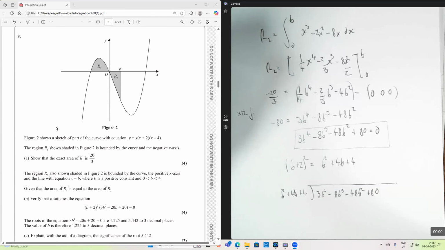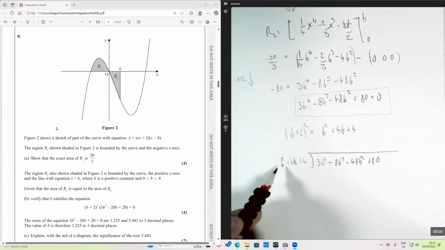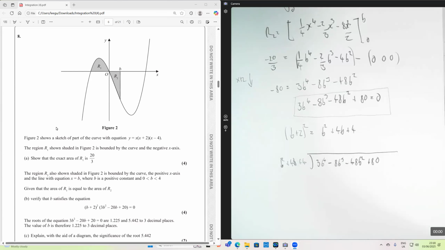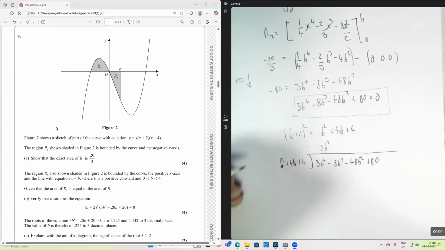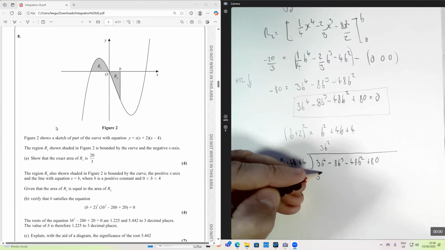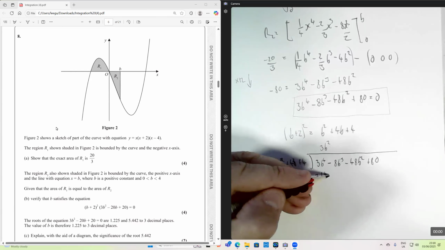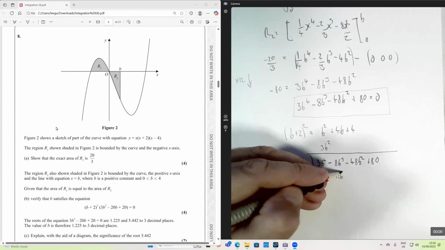So let's do our long division and see what happens. So I first of all compare 3b to the 4th with b squared, and I say to myself, what do I need to do to this to change it into this? The answer is I need to times it by 3b squared. So I write 3b squared there, and then I times everything by 3b squared. So that's going to give me plus 12b cubed.